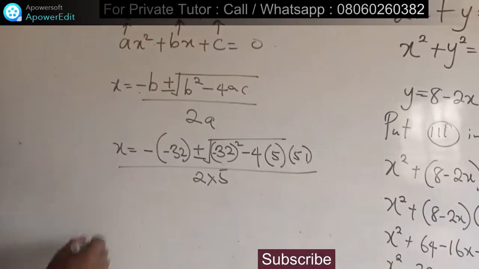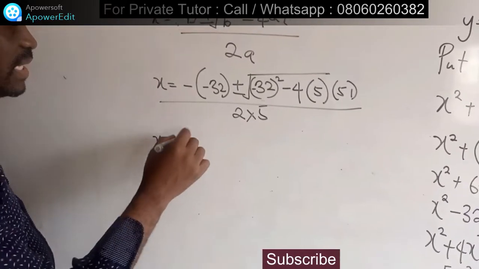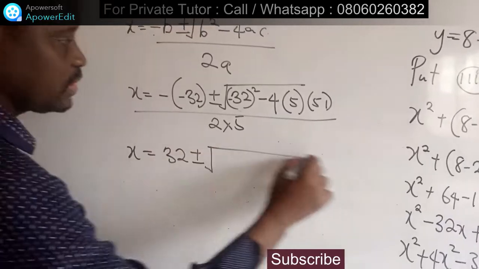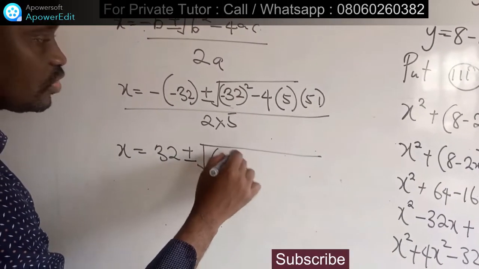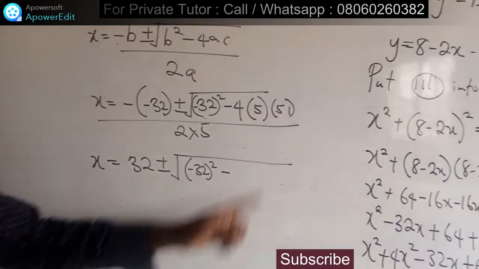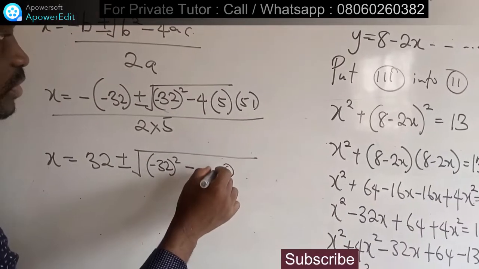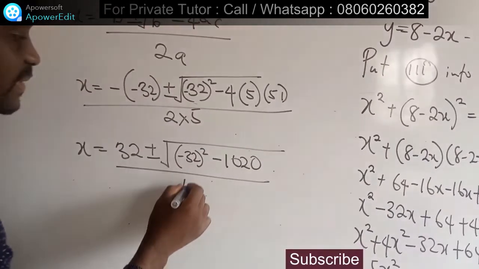Now from here, this becomes x, minus times minus is plus, and that's 32 plus or minus. This remains as minus 32 squared, then minus 4 times 5 is 20. 20 multiplying 51, that will, of course, give you 1020, then you have 2 times 5, you have 10 over 10.